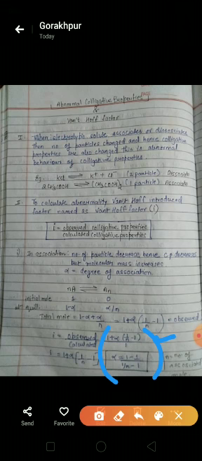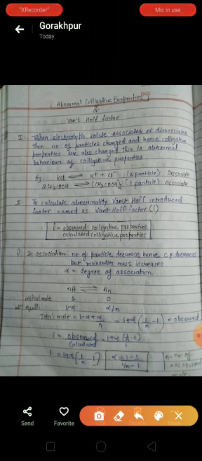This is i, that is Van 't Hoff factor. So alpha is equal to (i minus 1) upon (1/n minus 1).